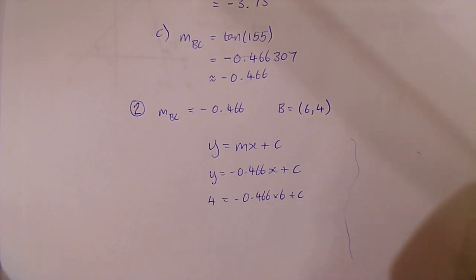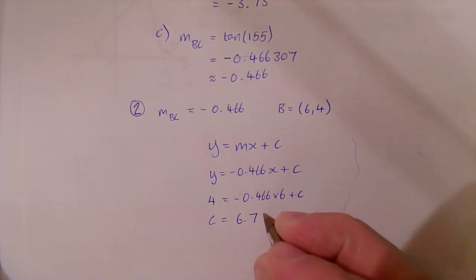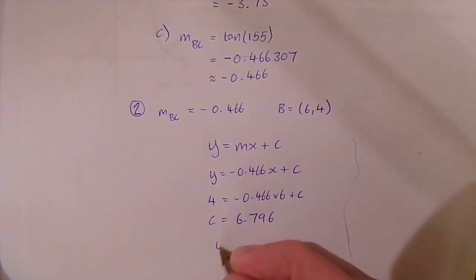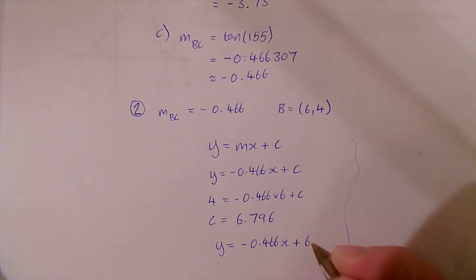And so you get, now it's not a pretty line, this one, 6.796. So our final equation is y equals minus 0.466x plus 6.796. As I say, not a pretty line, but there's the equation.